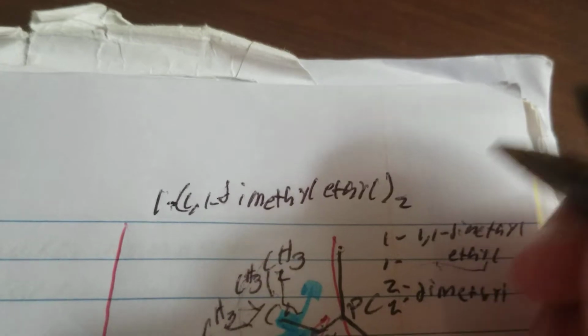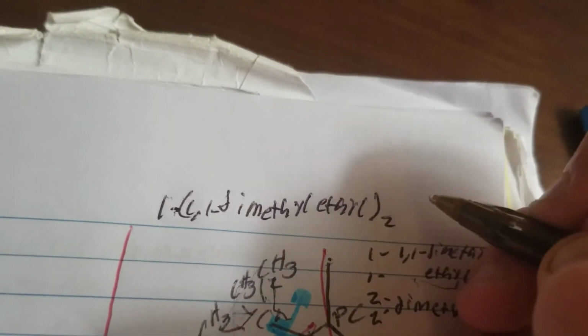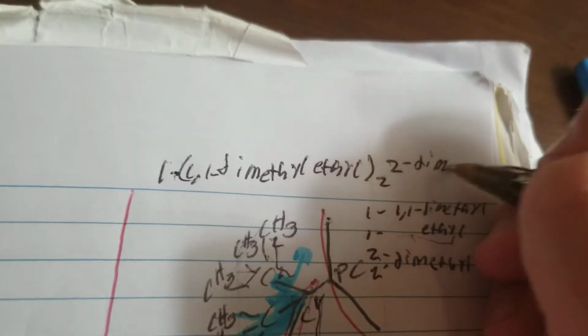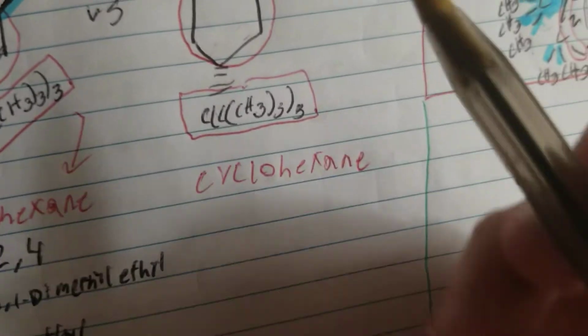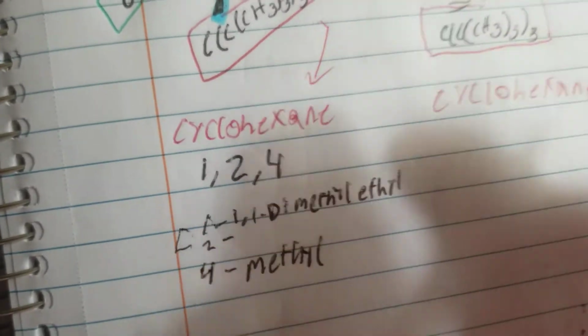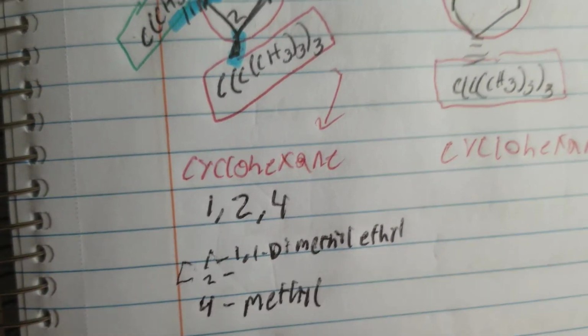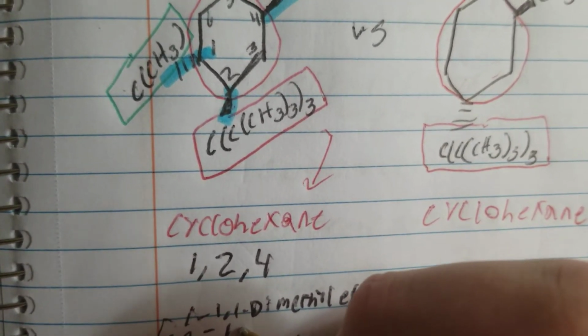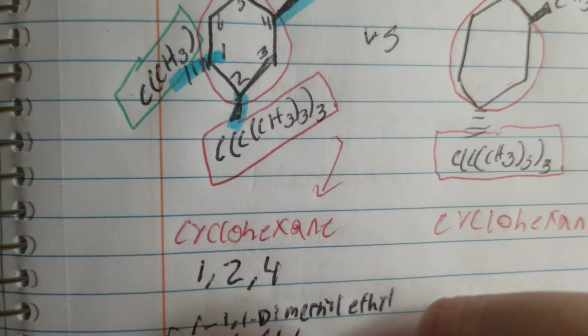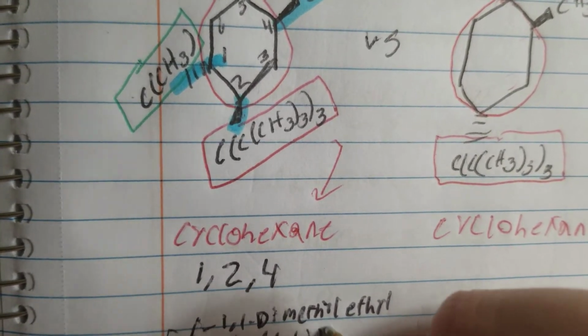We have 2 of those, and just for sake of space, I'm going to write that. And then at 2, we have a dimethyl. And then that'll come down into propyl. So it's a very, very long name for that substituent, which will end up going at the beginning. But, of course, this whole process is just to identify where each of the substituents are.